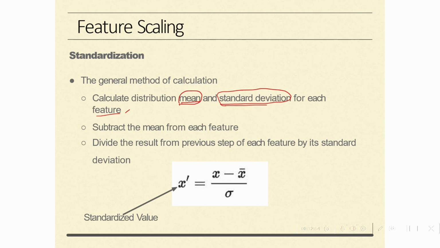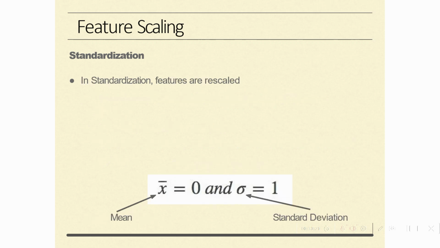That is, the standardized value x' equals (x minus x bar) by sigma, where x is the element value, x bar is our mean value, and sigma is the standard deviation. By applying this concept, our data is converted to a range like -1 to +1 or -2 to +2. Simply, this process is called standardization.